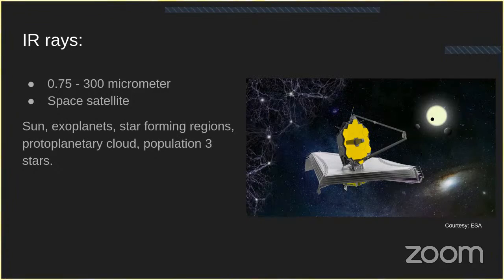They cannot emit UV or anything. And Population 3 stars. Population 3 stars are special because these are the stars that were formed early in the universe, very close to the Big Bang.